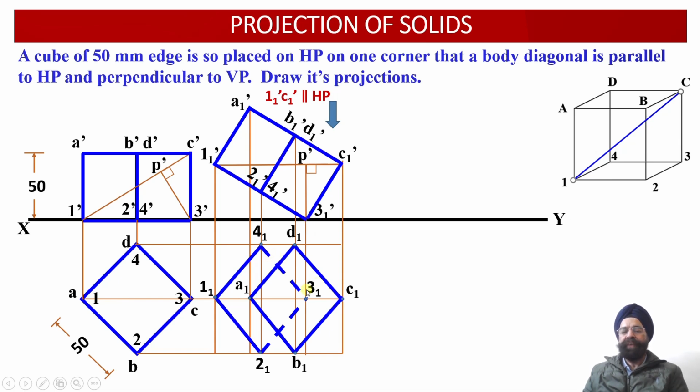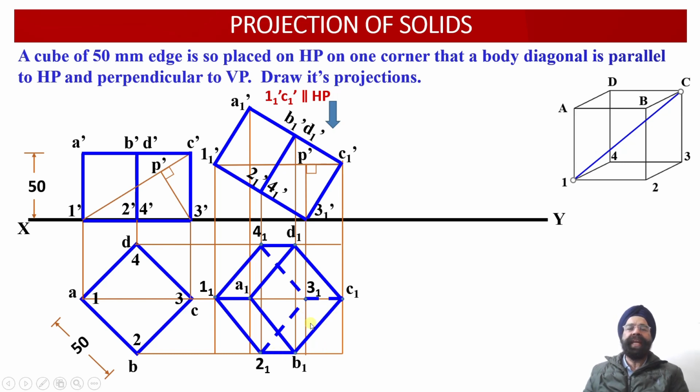So 3-1, 4-1 has been drawn dotted. 2-1, 3-1 also has been drawn dotted. Now let us join A1, 1-1, 2-1, B1, 3-1, C1 and 4-1, D1. So again 3-1, C1 will be drawn dotted, whereas the other 3 vertical edges will be drawn with the help of object lines over here.